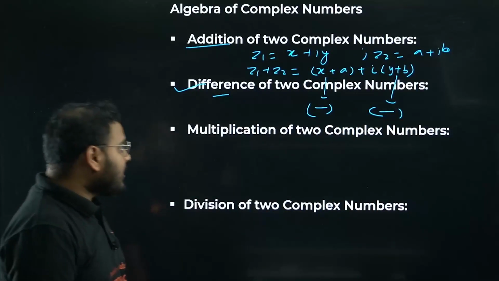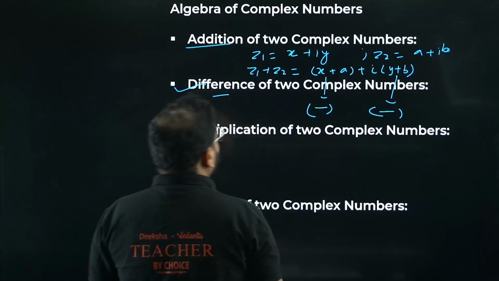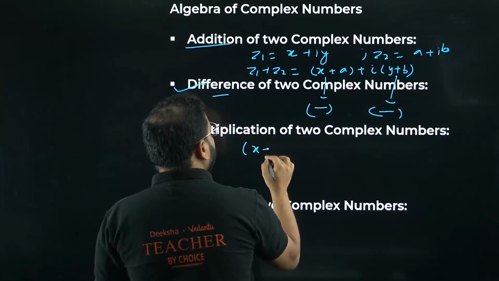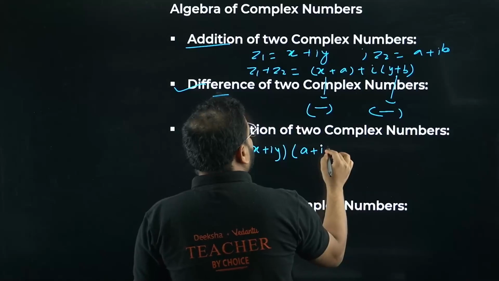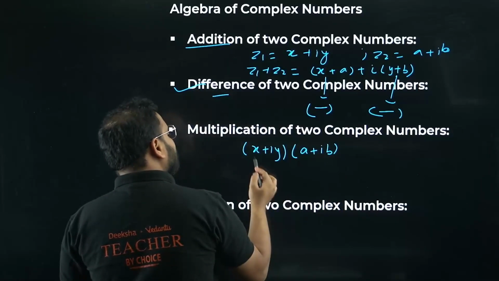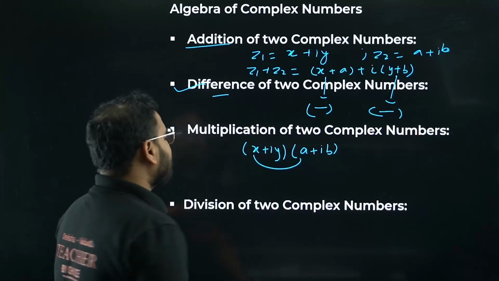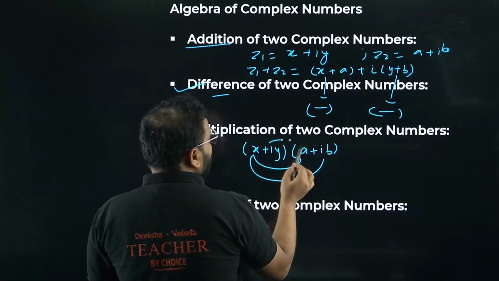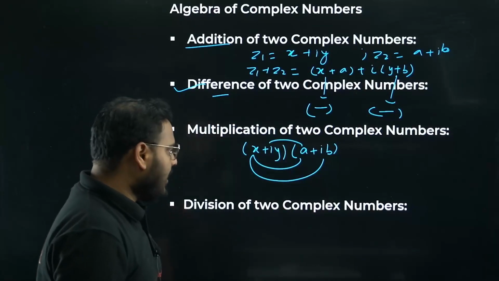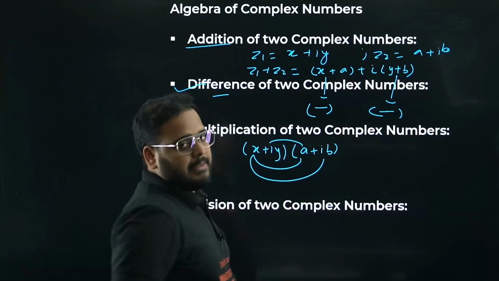Whereas in the case of multiplication of two complex numbers, there will be a different story. Have a look. You will have x plus iy times a plus ib. What are you going to do? Multiply x and a together, then x with ib, then iy with a, plus iy times ib.